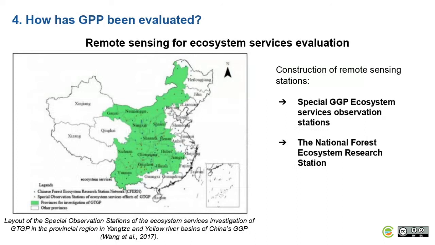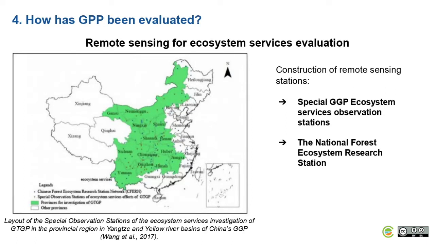And another way of assessment was the use of remote sensing in order to know how the ecosystem services have been impacted by the project. And for that, some special remote sensing stations have been built in the area of the implementation.